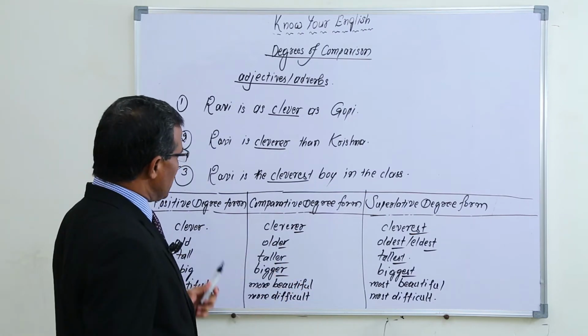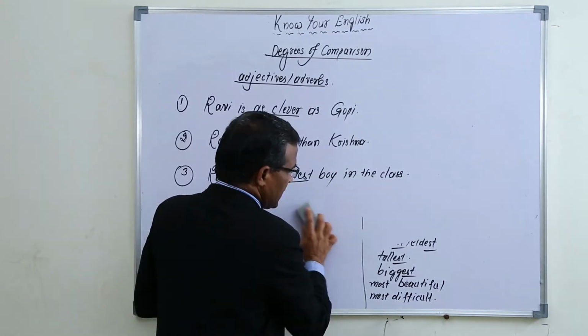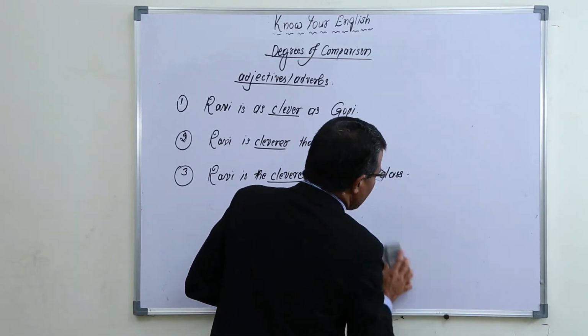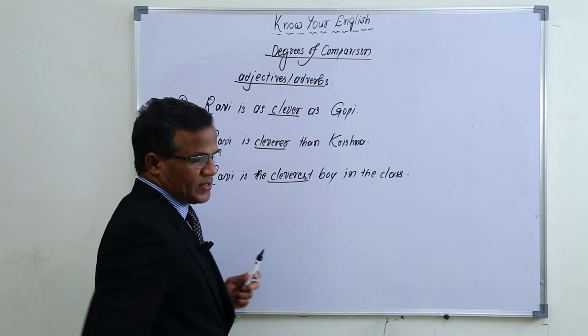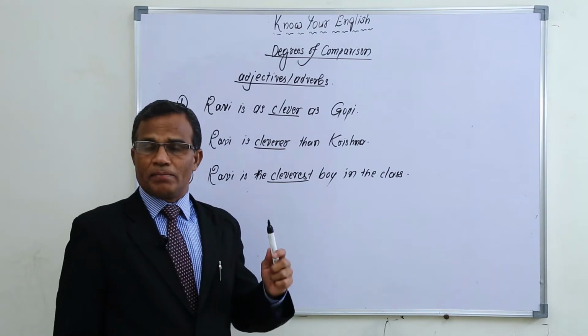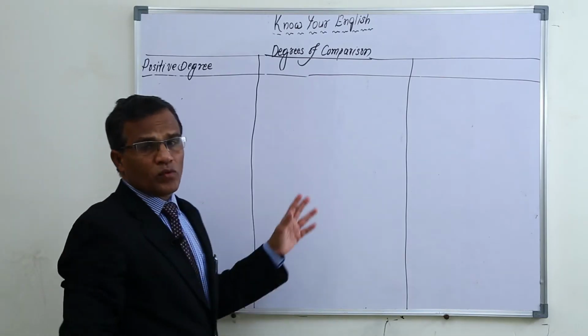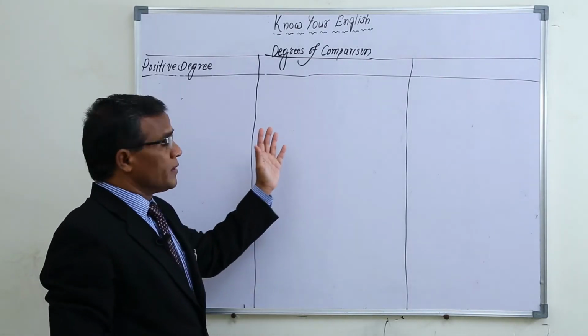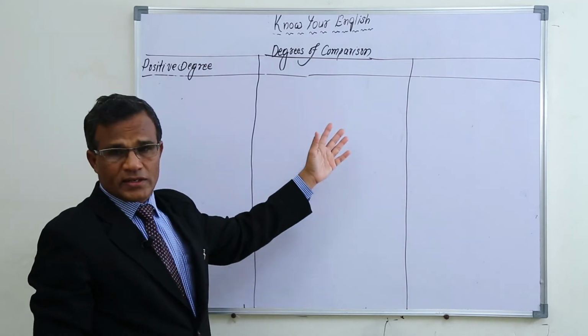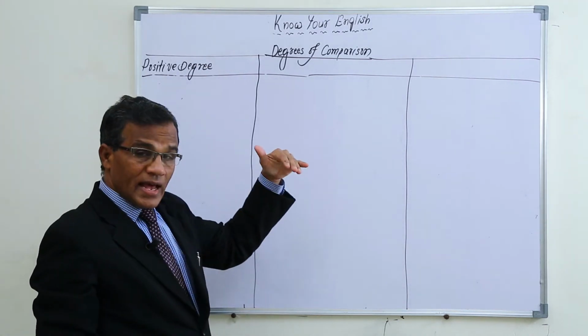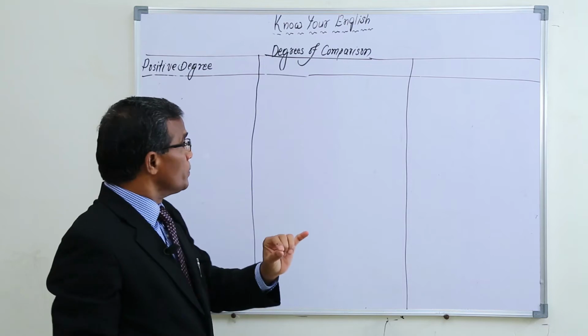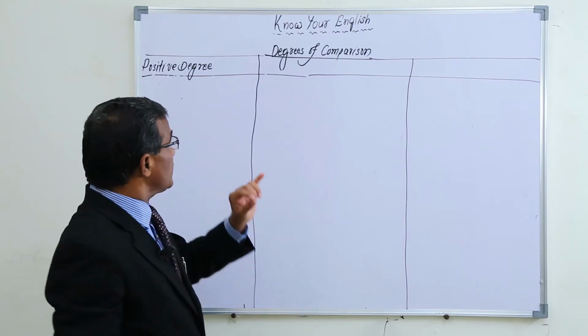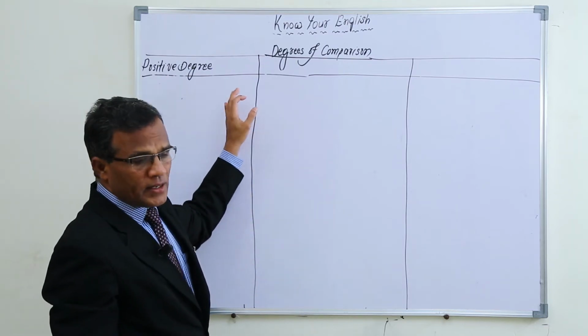Right, okay, now let us come to this comparison. In our day-to-day life, we make comparisons in three types. So what are those three types of comparisons? Just now we have seen Ravi is as clever as Gopi. Ravi is as clever as Gopi is said to be in positive degree.